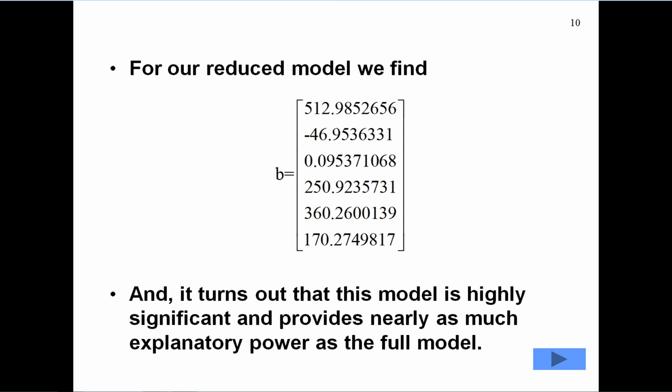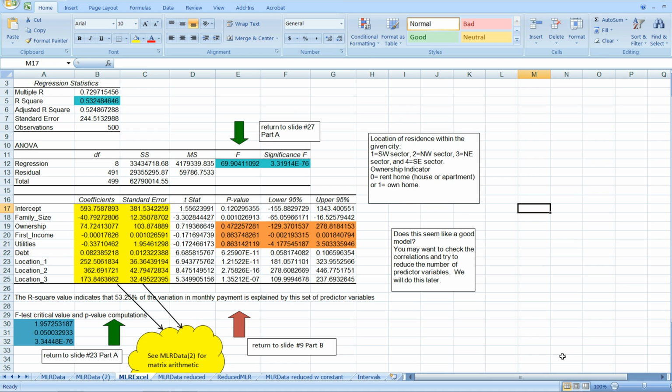And the estimated regression coefficients associated with that model turn out to be this vector B that you see on this particular slide. And this model is highly significant, and it provides nearly as much explanatory power as the original model. Now here's our 8-variable model, and that model has an R-squared value of 0.53, which you see highlighted here in blue.